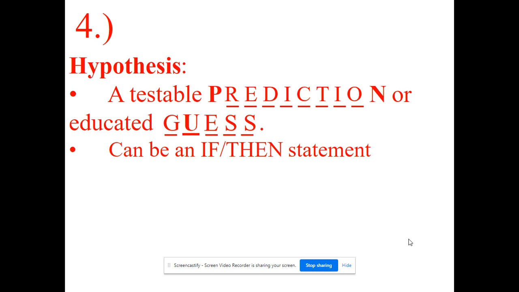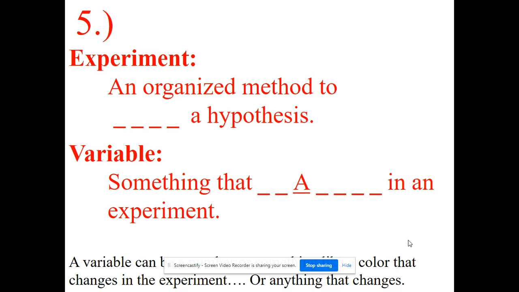It can be an if-then statement, not always, but that's pretty much what we'll do in this class. We'll test the hypothesis with an experiment, which is an organized method of testing the hypothesis. And in our experiment, we will have variables, things that will change in the experiment.